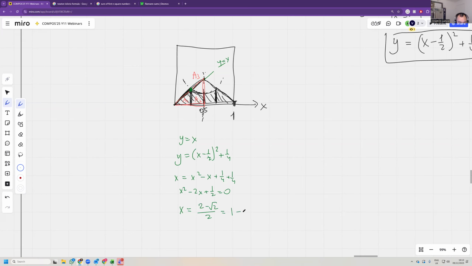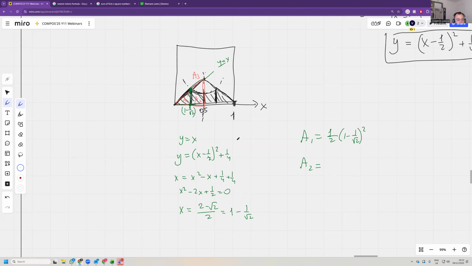In other words, it's 1 minus 1 over root 2. So that's the value, 1 minus 1 over root 2, here. And then we find this triangle. A1 is equal to 1/2 multiplied by (1 minus 1 over root 2) squared. That's the area of this triangle.